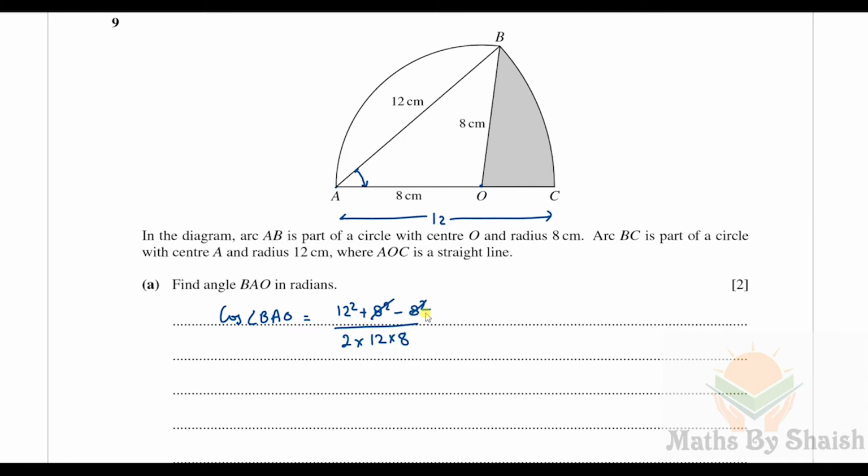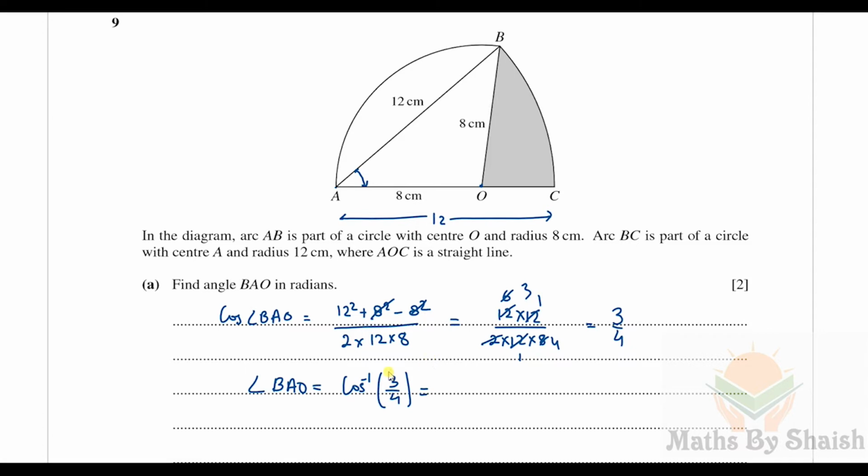So we will solve it, and it is going to be 12 into 12 over 2 into 12 into 8. So 2 6s are 12, 12 by 12 cancels, 3 and 4. So we got 3 over 4, and that's why angle BAO is equal to cos inverse of 3 by 4.